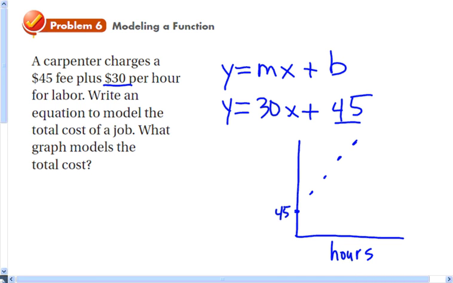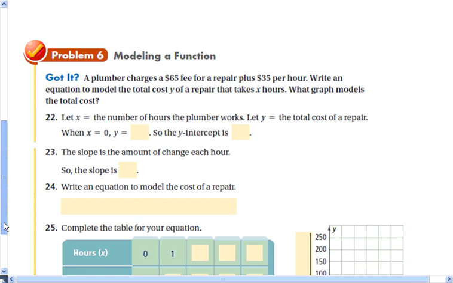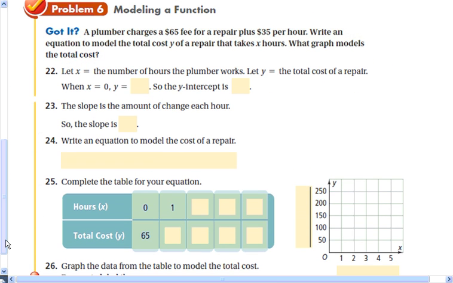So we know that this graph would be a linear graph. And it could be continuous if they get charged for part of an hour. All right, go ahead and try that one on your own.